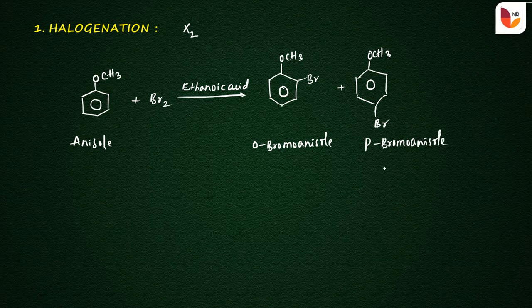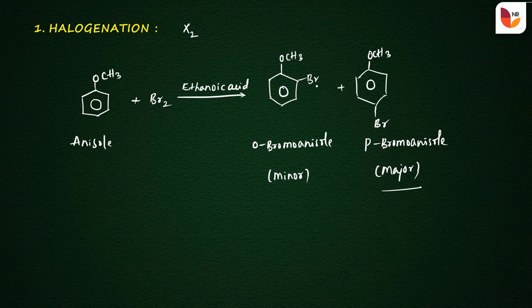Here the major product is the para product, and the other is the minor product. That is, out of 100%, 90% of the compound is para bromo anisole, because there is less repulsion between the methoxy group and the halogen Br.